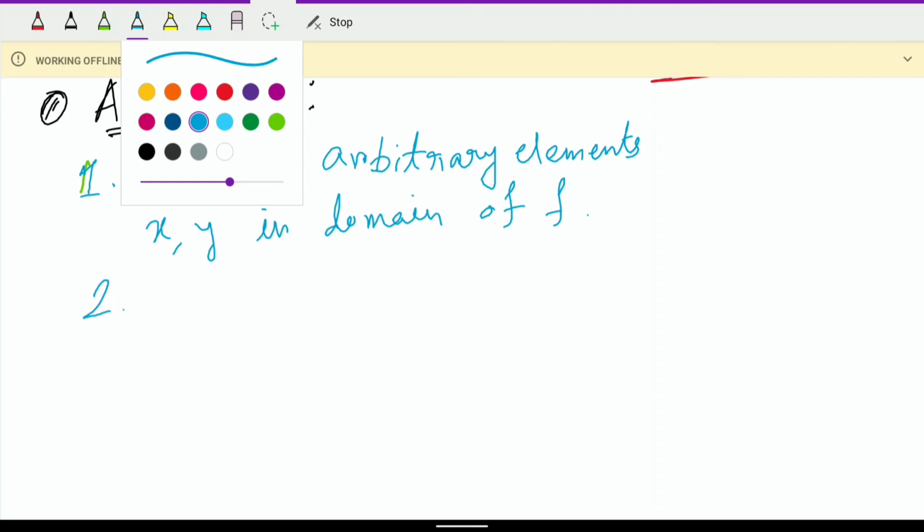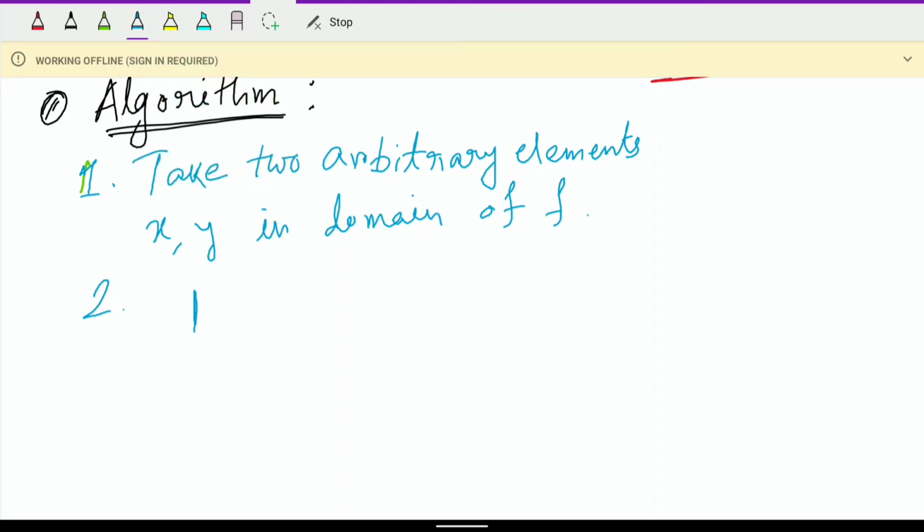Now step 2 is put f of x equals to f of y. So we put x and y in the given function. So put f of x equals to f of y.